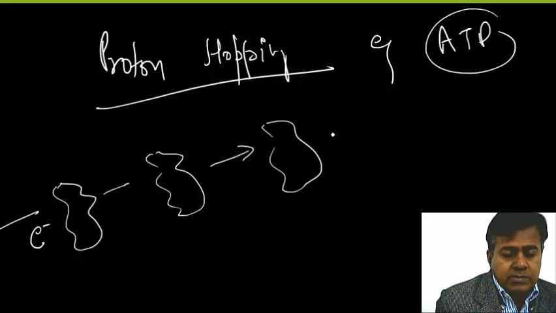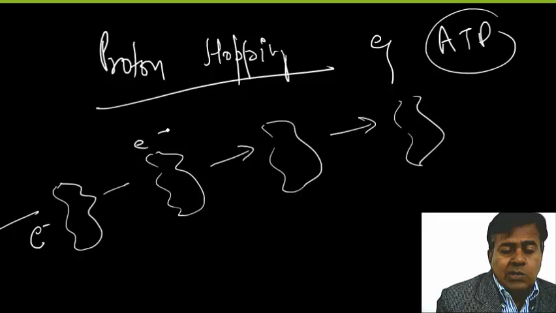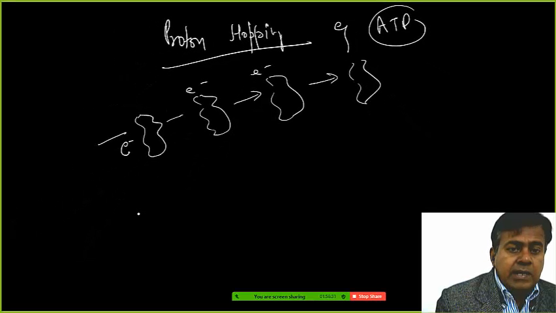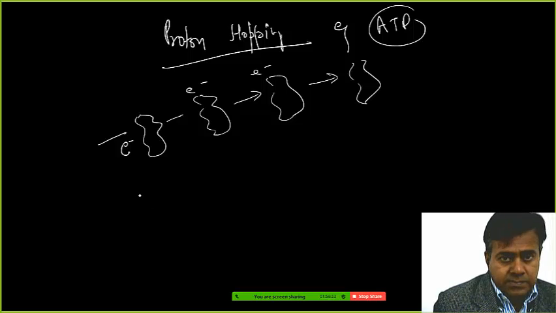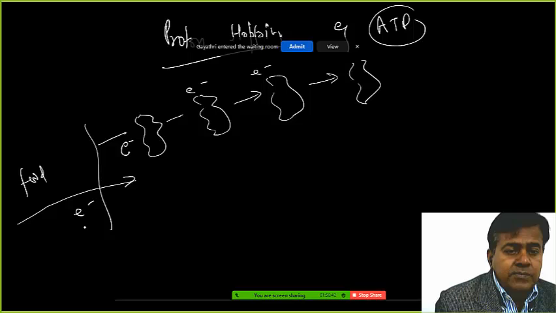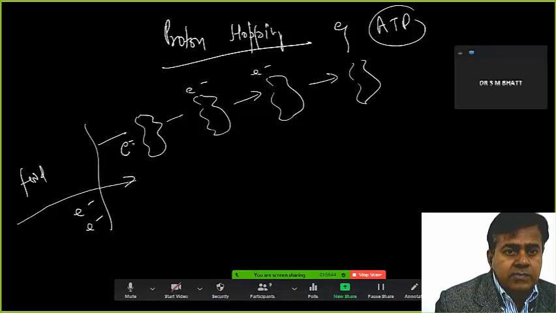Do you agree? All these are electron acceptors. And from where do the electrons come? Because you are oxidizing the food, the food is releasing a flood of electrons. You got this idea? They are releasing a lot of electrons in the solution.